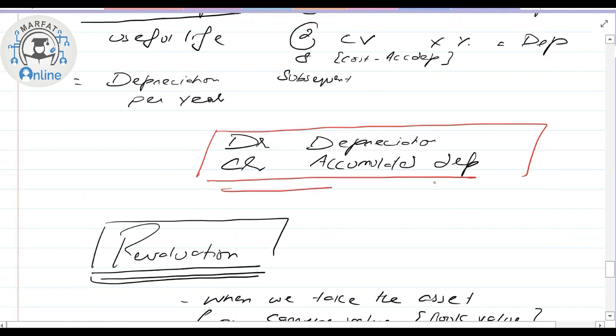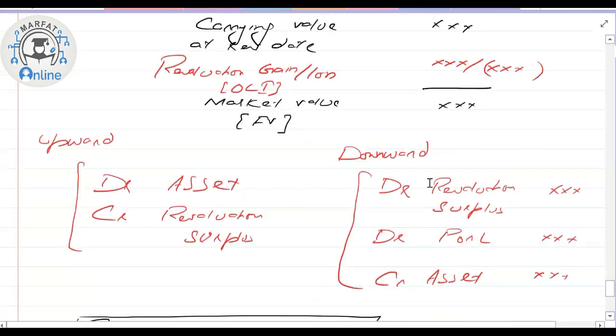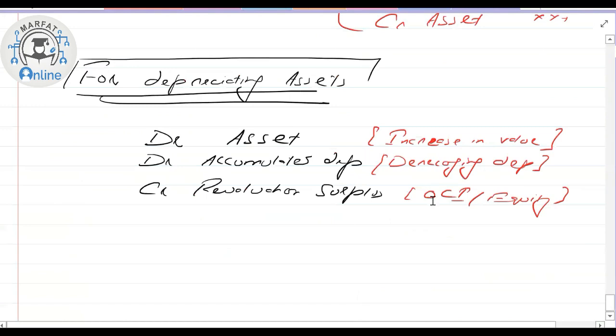Debit depreciation means that this is the expense going in the profit or loss. Credit accumulated depreciation means that we are accumulating it in the T account in order to calculate the net book value at any time. So for a depreciating asset, debit asset, increase in the value. Debit accumulated depreciation because we are de-recognizing previous depreciation, and credit revaluation surplus.